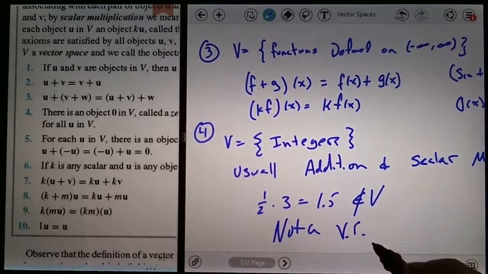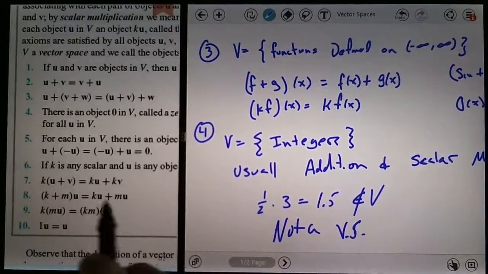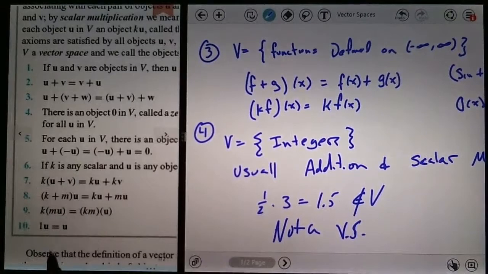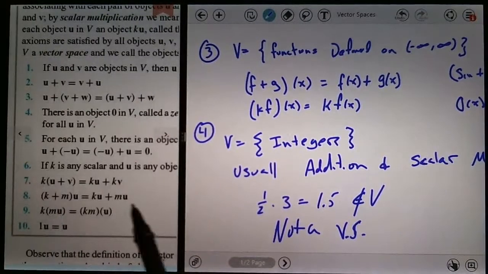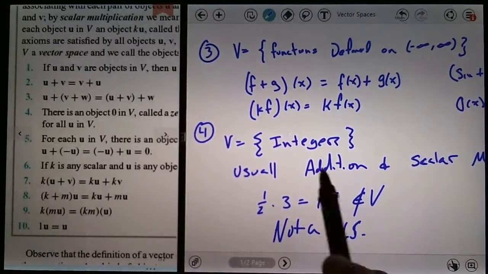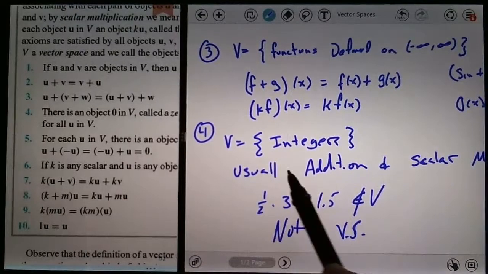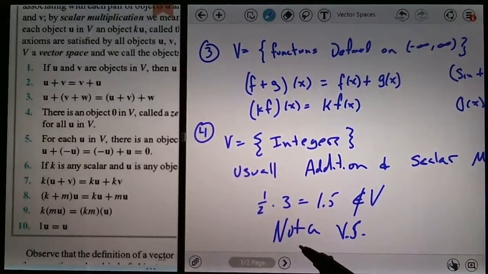It doesn't satisfy axiom 6. It probably satisfies every other axiom in there, but it doesn't satisfy axiom 6 because I can get outside of my set by just multiplying by real numbers, and I'm not supposed to be able to do that. So no, this is not a vector space.